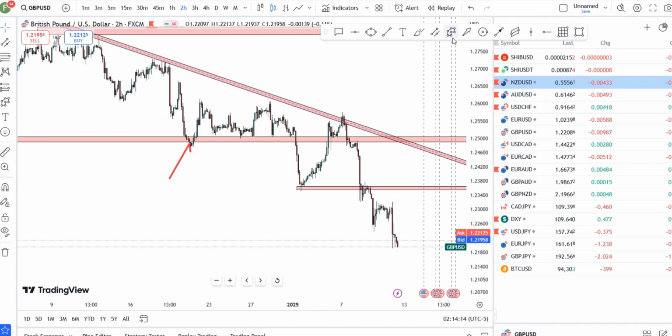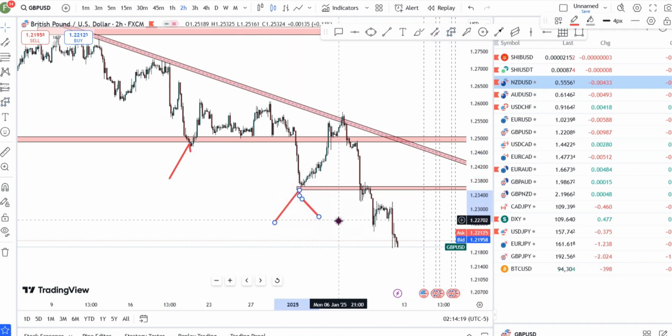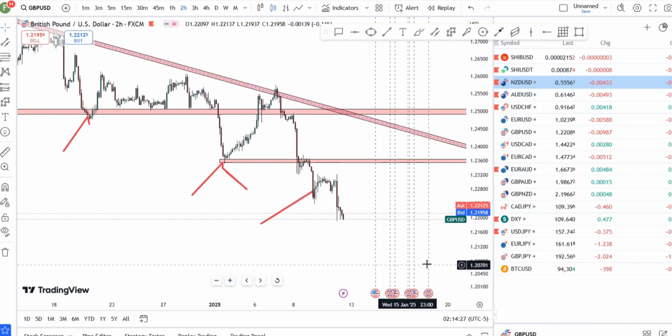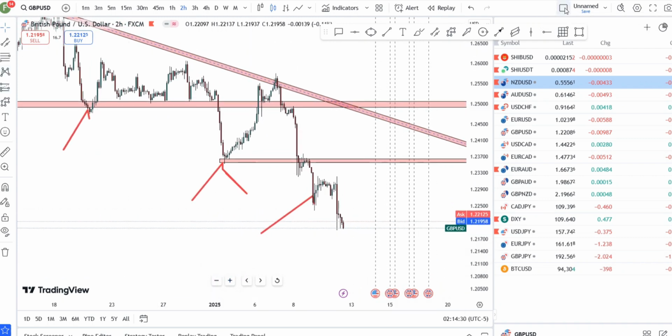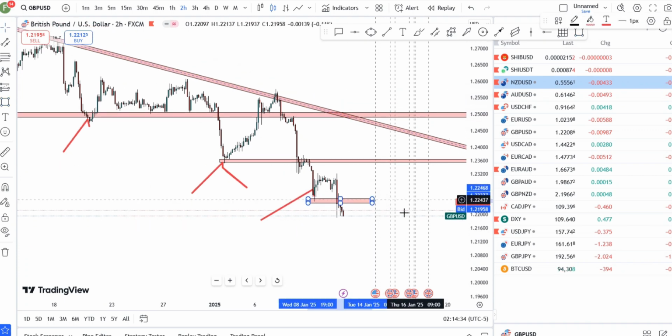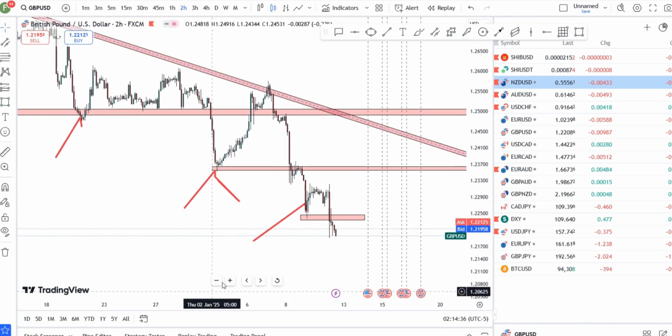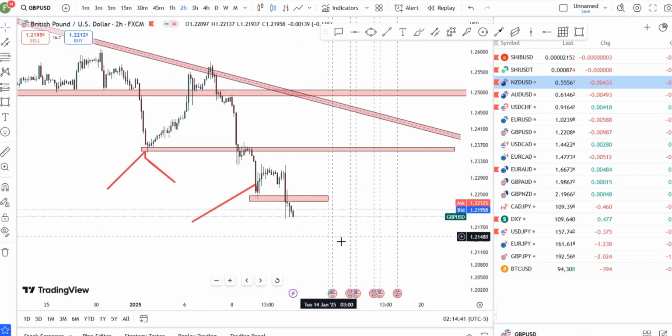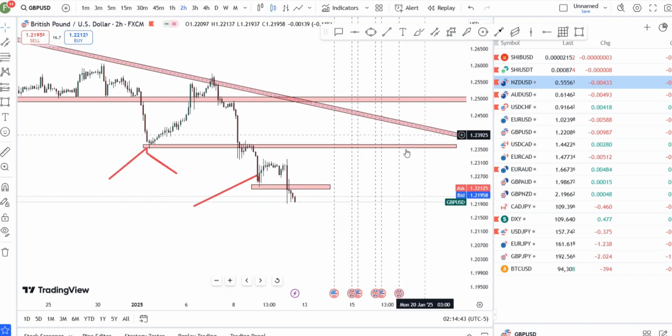This is the support which broke the previous week, this is a support which also broke this week, and this is another support which broke on Friday during the NFP. It means the price has been very strong, moving with bearish momentum for the previous 3 months. So we have to look for another opportunity on the downside for GBPUSD.